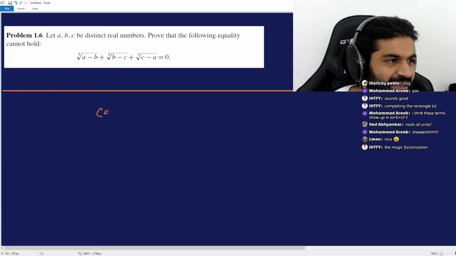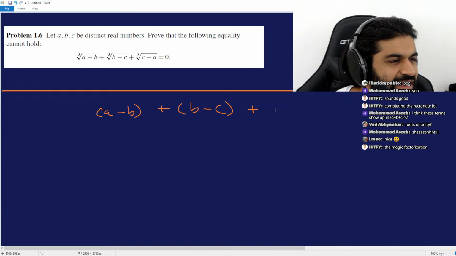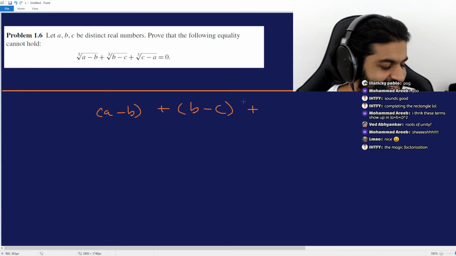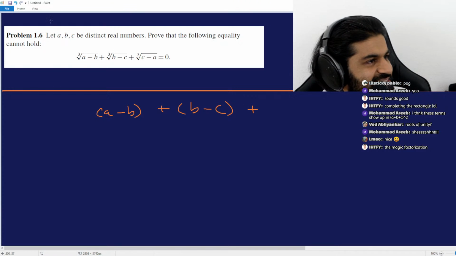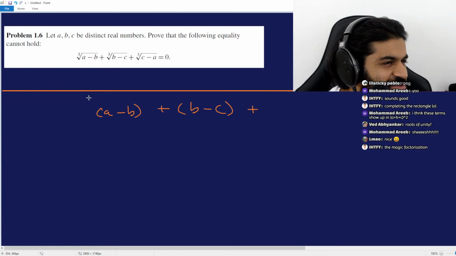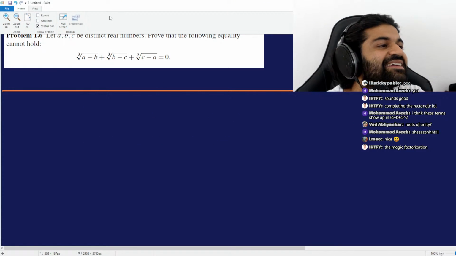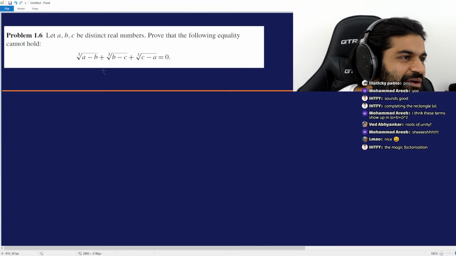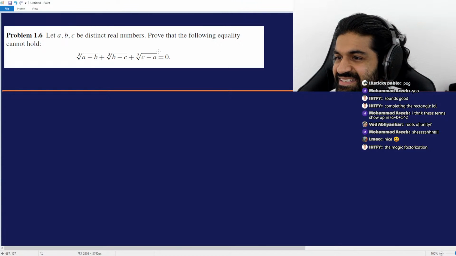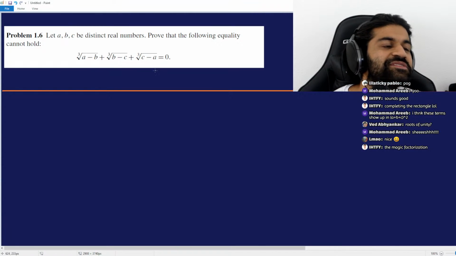Of course, A minus B plus B minus C plus, well, hold on now. Even though they add to 0, their cube roots do not add to 0, right? So how are we going to use our, oh, what am I doing? Just these 3 things add to 0, right? So they're telling us that these 3 things add to 0. So their cubes need to add to 3abc.